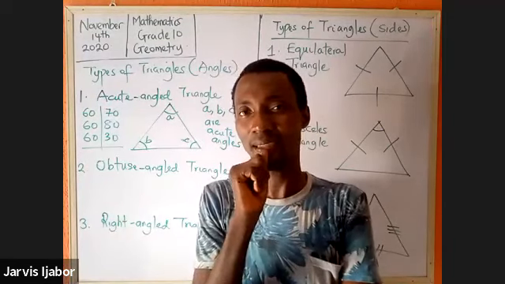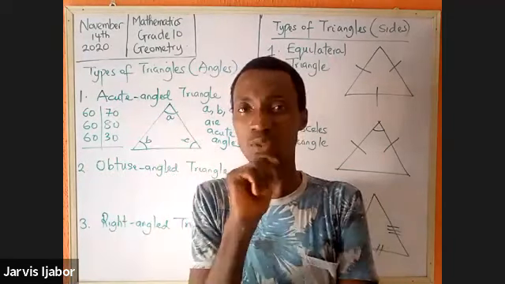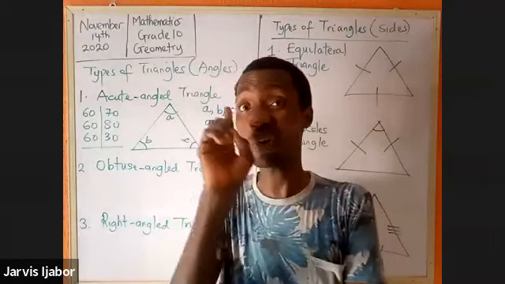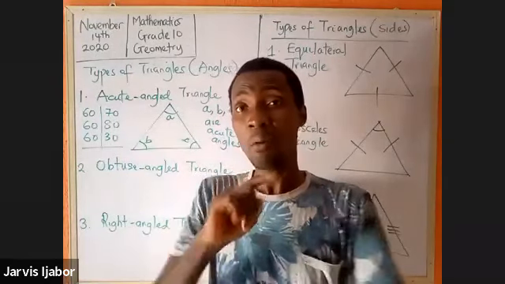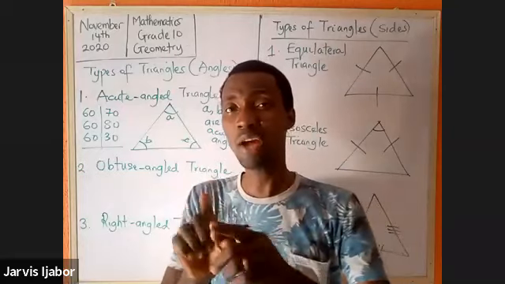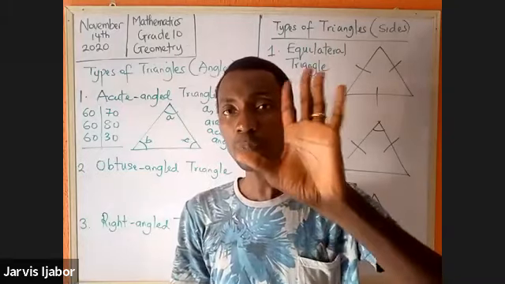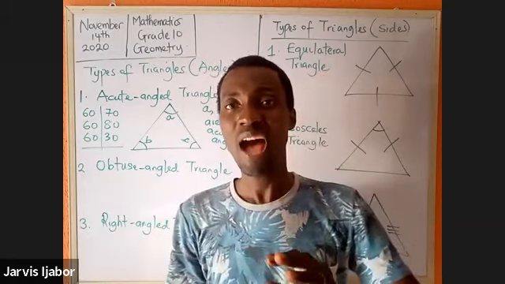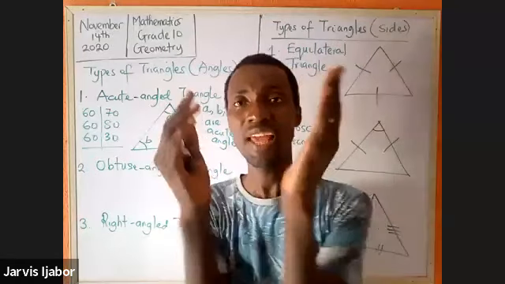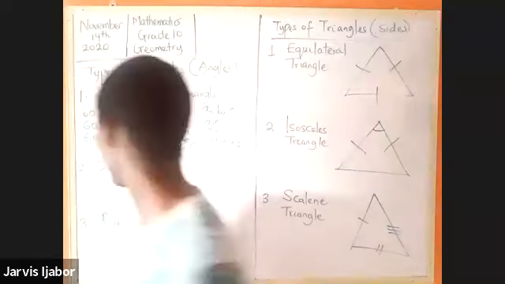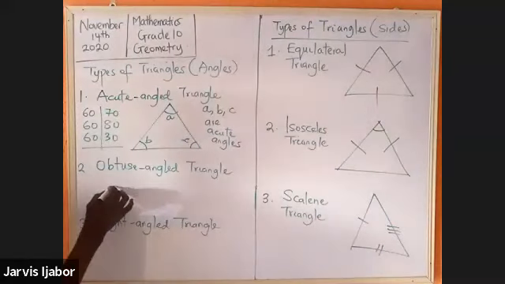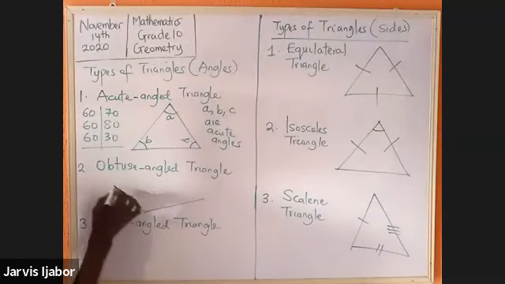So let that sink. In the case of acute angle, all the angles are all what? Acute, hence the name. But when it comes to obtuse angle triangle, one angle is what? Obtuse, and the others are what? Acute. So what do you observe? The angle opens out. So in drawing, your triangles will always look more like this.